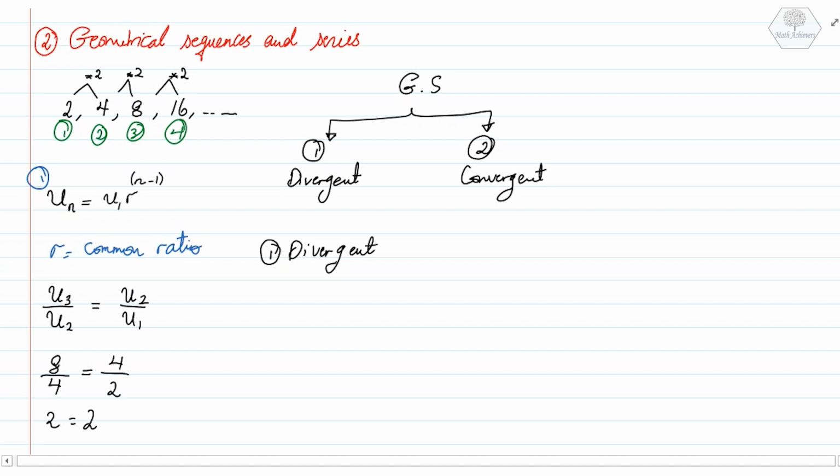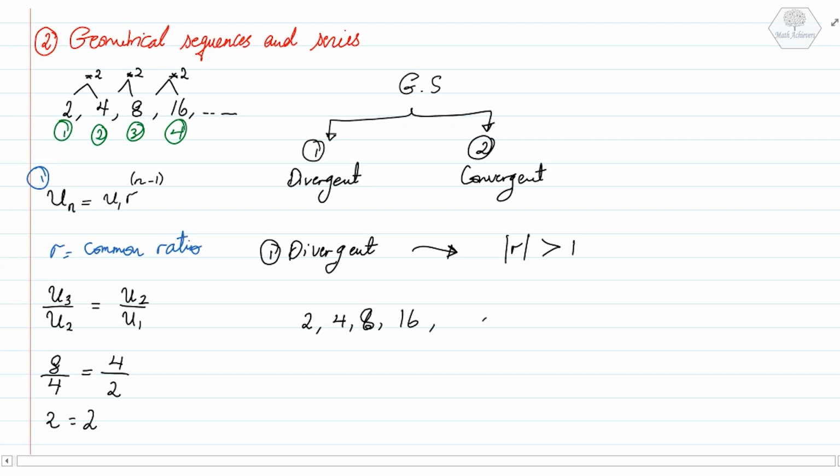For the divergent sequence or series, I'm having the absolute value of r greater than 1. Why? Let's see our first example: 2, 4, 8, and 16. I'm having a 2, and the common ratio is 2, then 4, then 8, and 16.